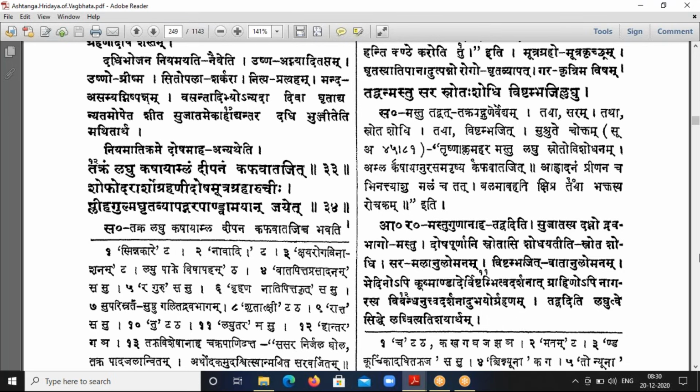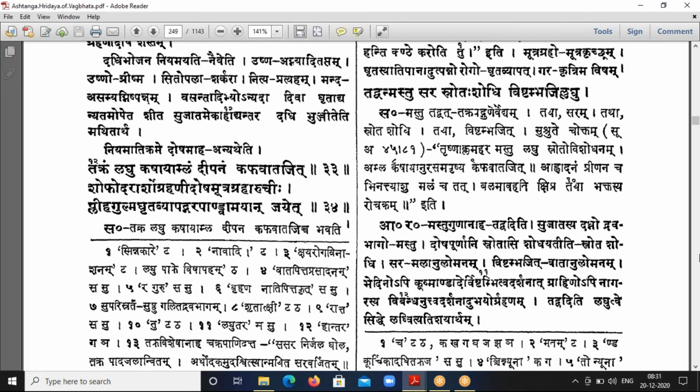Takram is made by churning the Dhi and removing the Navanidam, the butter. So again, there can be many methods, many practices in preparing the Takram. Sometimes you add some quantity of water into the Dhi and then you churn it.